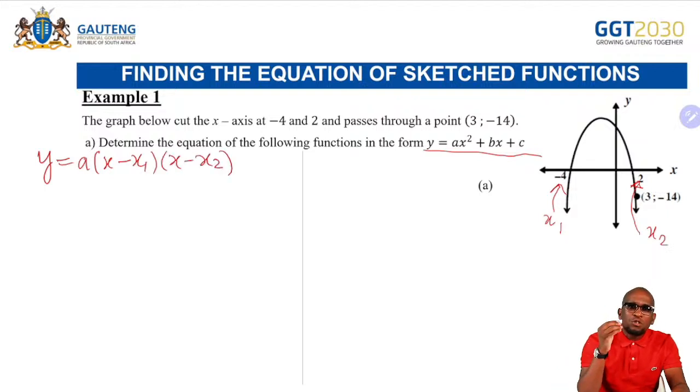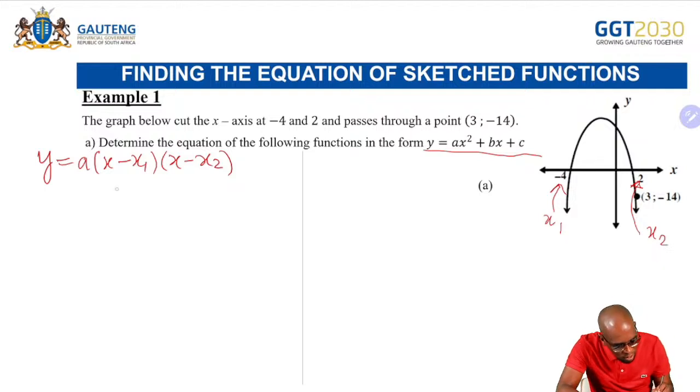This is the form that you are going to use when you want to find an equation of a quadratic function whereby you are given the x-intercepts and an additional point. Now, this x1 and x2, they represent the x-intercepts that you are given.